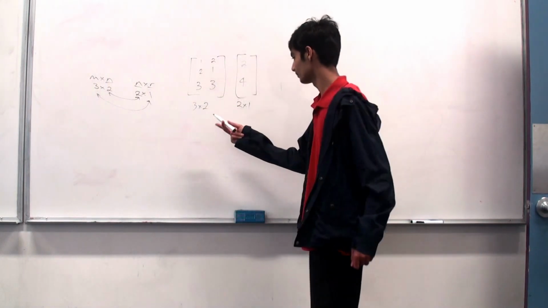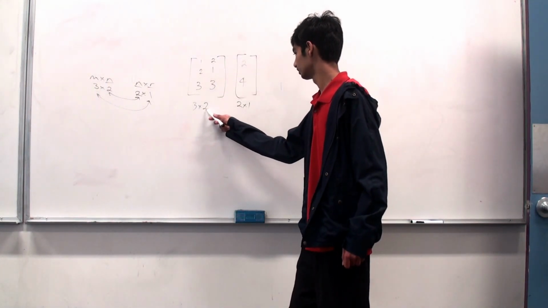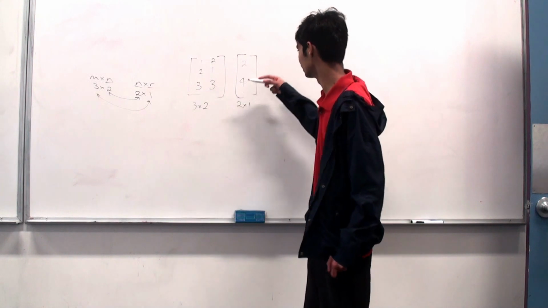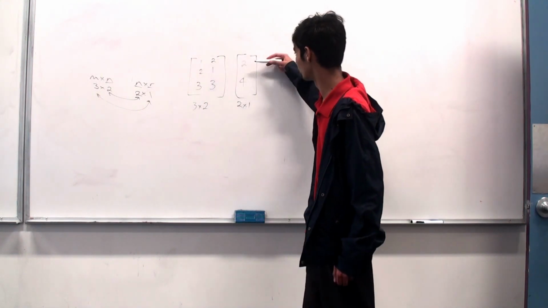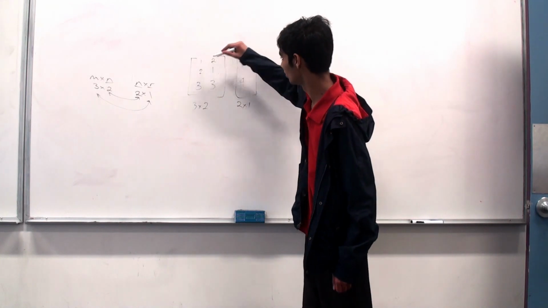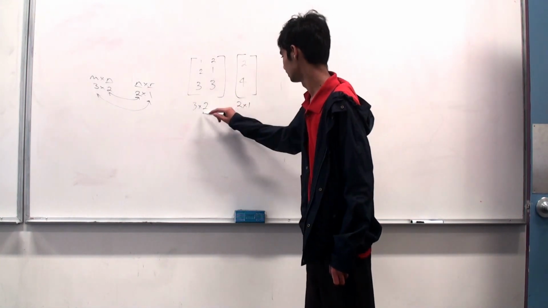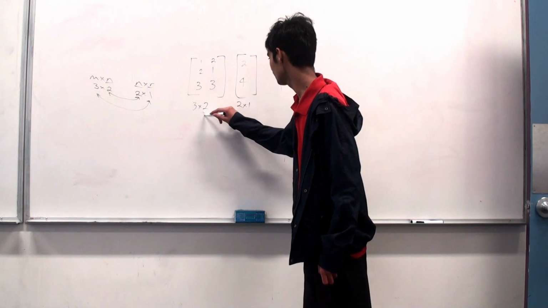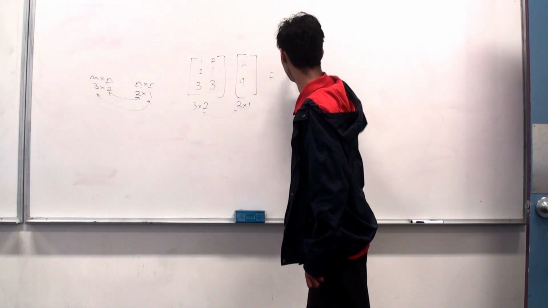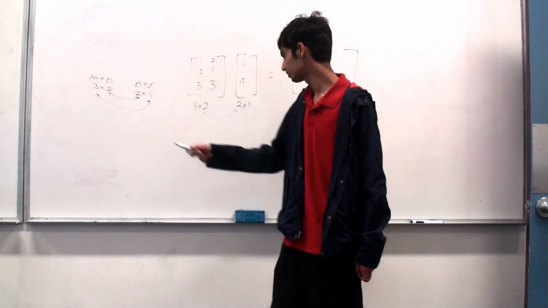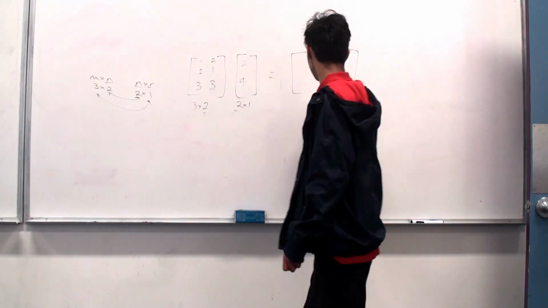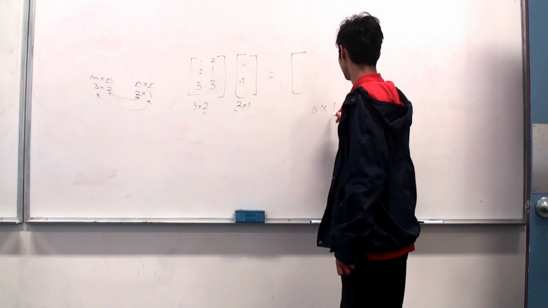Once again, it is defined because the number of columns here is equal to the number of rows here. We have 2 columns, and 2 rows here. So it is defined. And the resulting matrix will be, as we said earlier, an m by r matrix. So a 3 by 1 matrix.